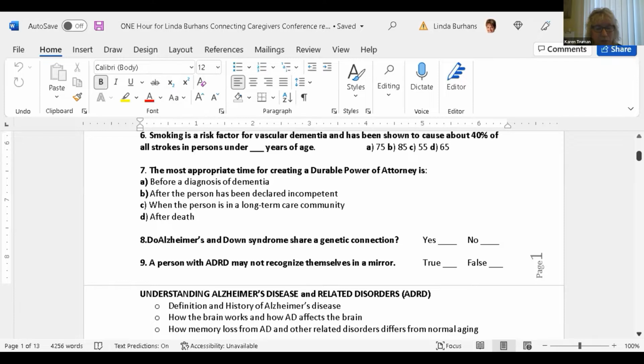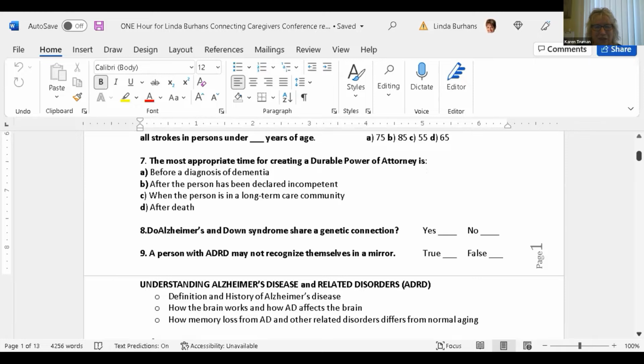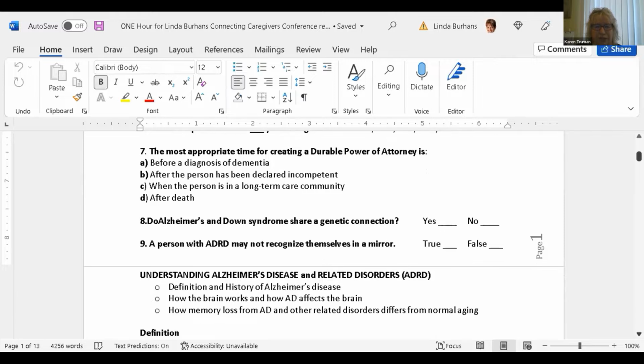I have my durable power of attorney. My husband has his. We have one for his mother, who also has Alzheimer's and Lewy body. So I get it. I'm a total caregiver, been there, done that, wrote the book. So those are things to think about. It's before a diagnosis. You want to make sure you have the right presence of mind to do these things.